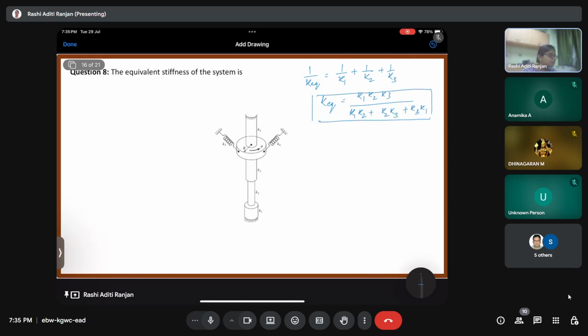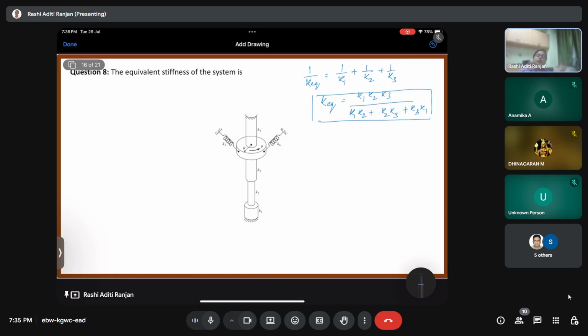Now, evaluating the remaining. For now we'll assume K1, K2, K3 together is KEQ. And K4. You'll see they are both in parallel. Why am I saying this? Because if this disk is rotating by theta, then the KEQ and K4 elements are also going to rotate by theta.